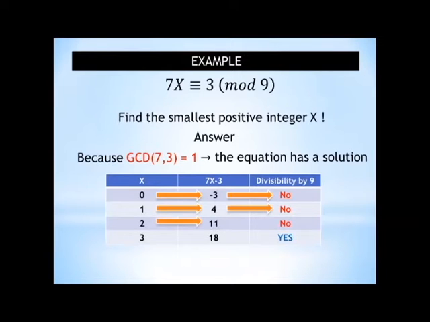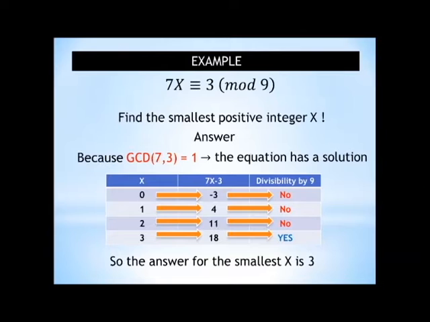Next, for x equal to 2, the value of 7x minus 3 is 11, and 11 cannot be divided by 9. Next, if we put x equal to 3, it gives 18. 18 can be divided by 9, so the solution here is 3.